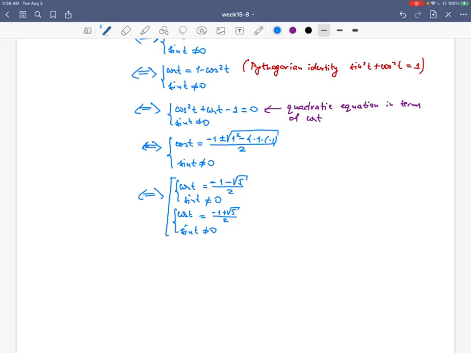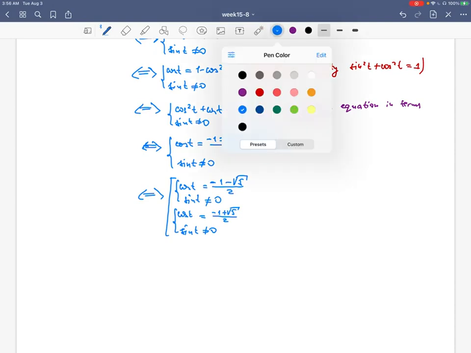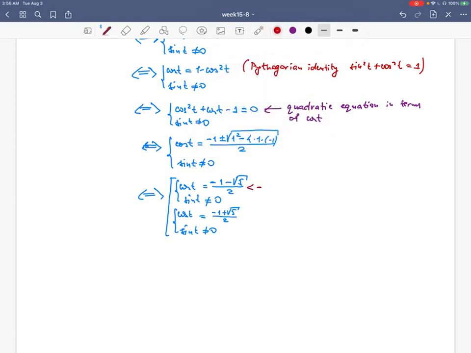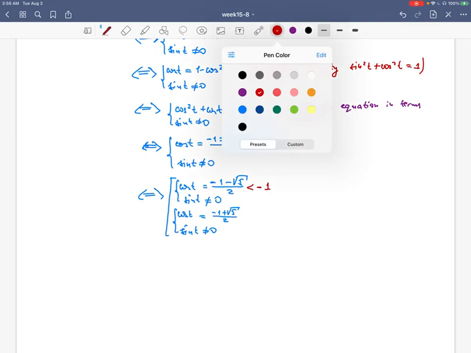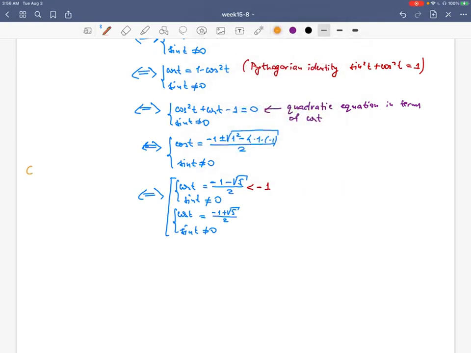But we quickly realize that -1 minus root 5 over 2 is less than -1. That's easy to check. -1 minus root 5 over 2 versus -1. Multiply by 2, we get -1 minus root 5 versus -2.